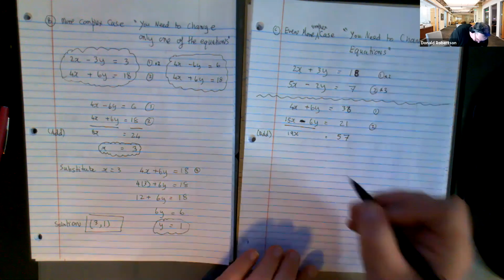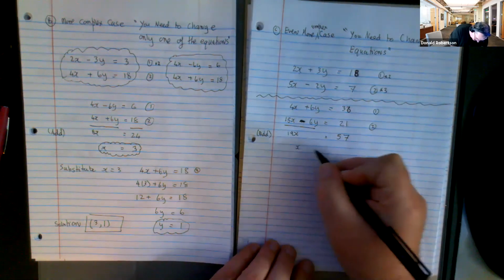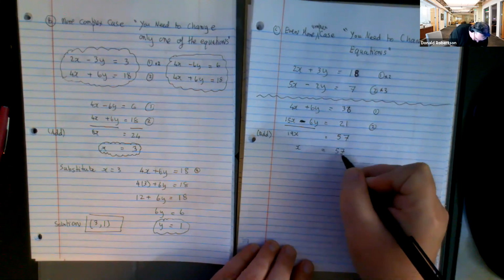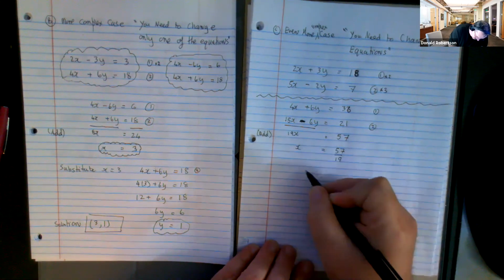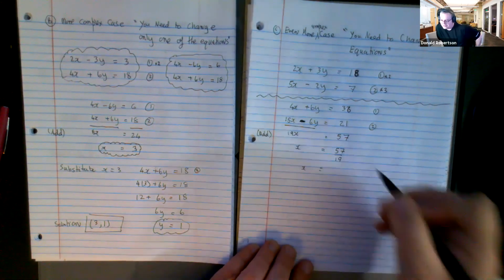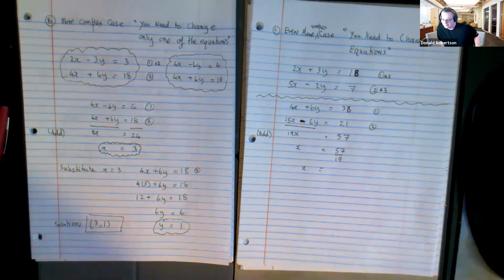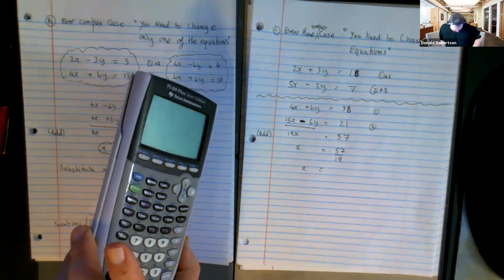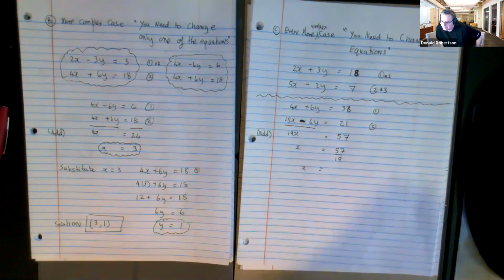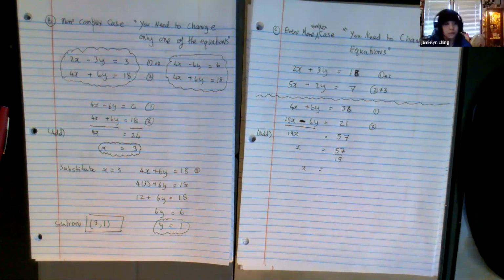Now, shouldn't the next line be divide both sides by 19? And that looks scary, but it isn't. Do you know what 57 divided by 19 is? And if you don't, you just go to your calculator and find out. But does anybody know what that is? It's 3. It is.